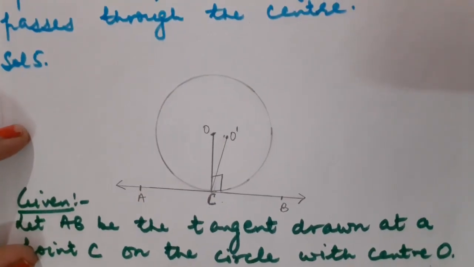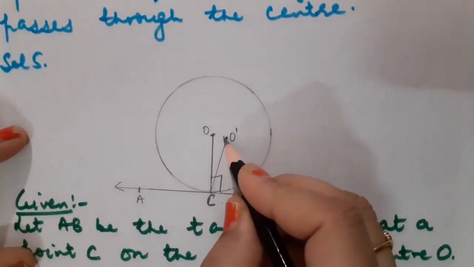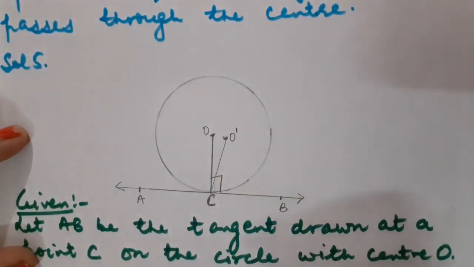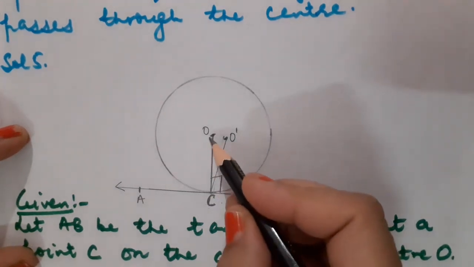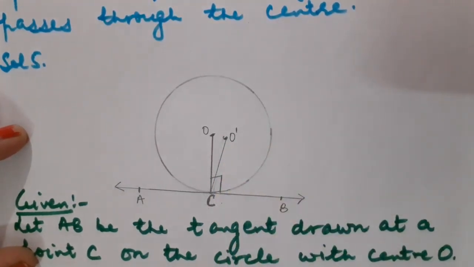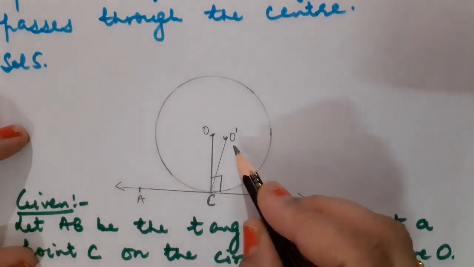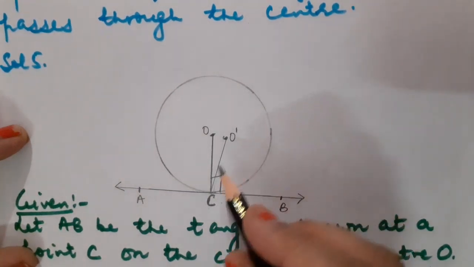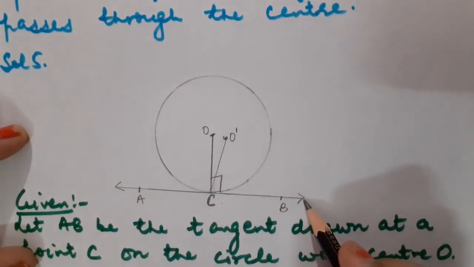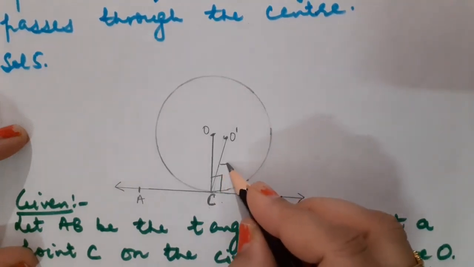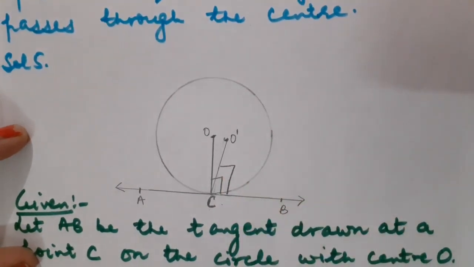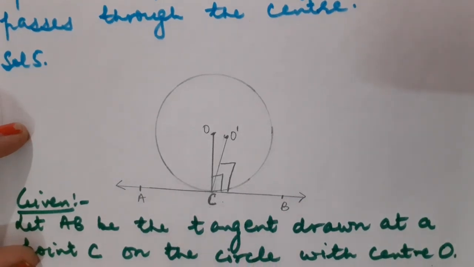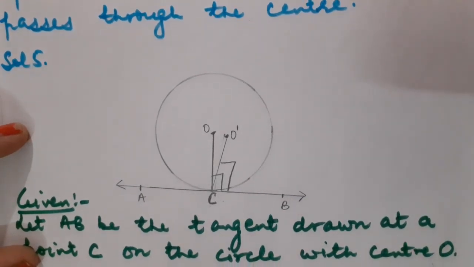Children, here you can see in the diagram I have taken another point, let it be O dash, and what I have assumed is that the perpendicular has been drawn from point O dash, on tangent AB. Okay, so this part is going to be considered as the perpendicular. Correct, children? This I am going to assume basically.